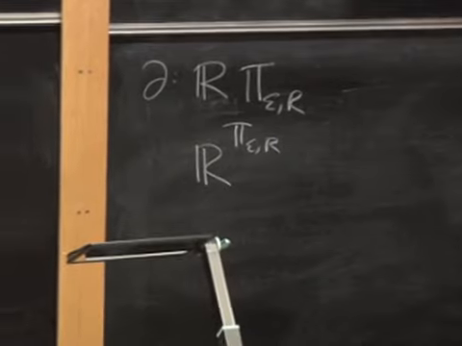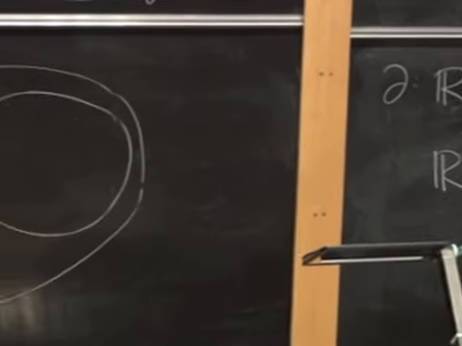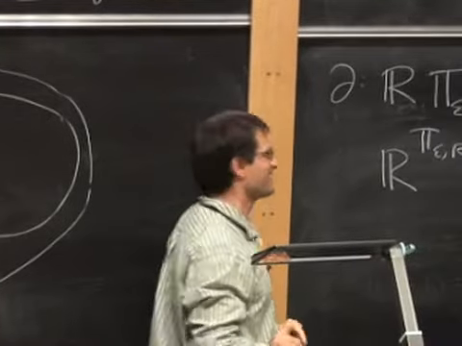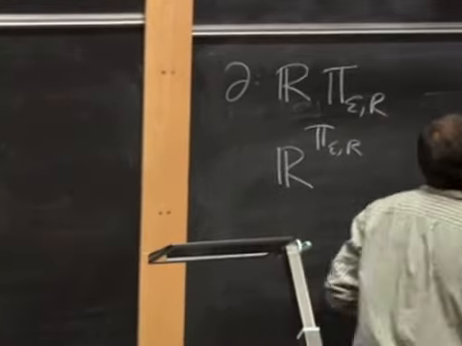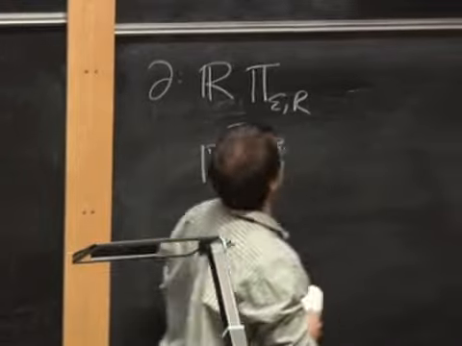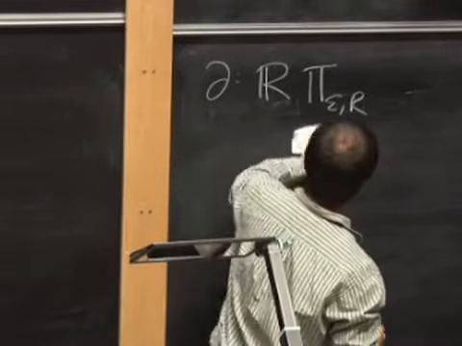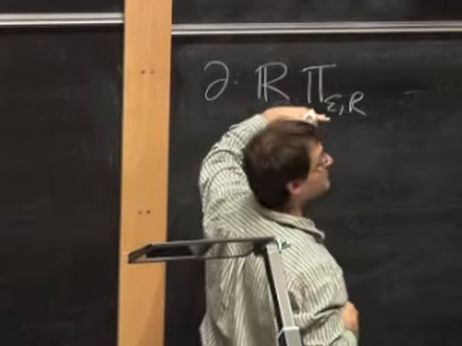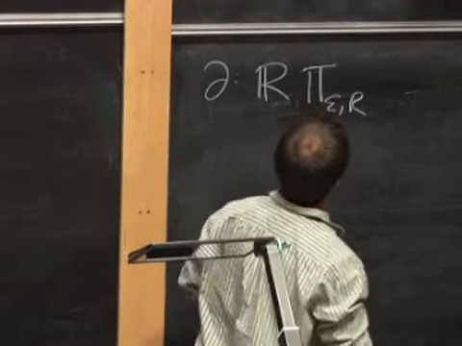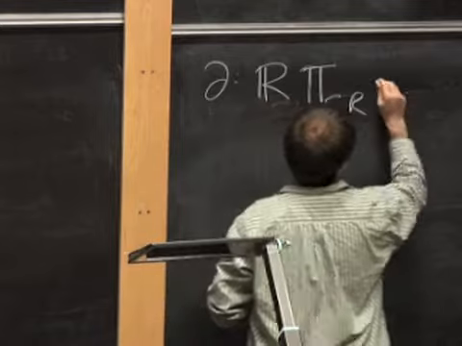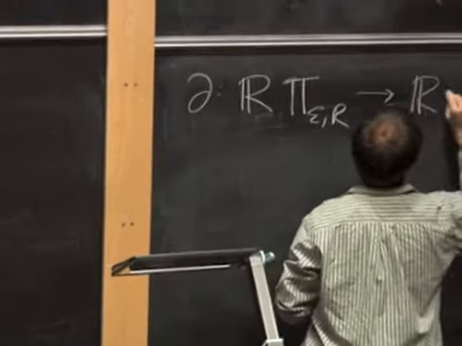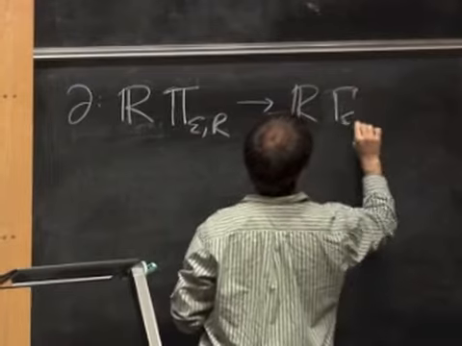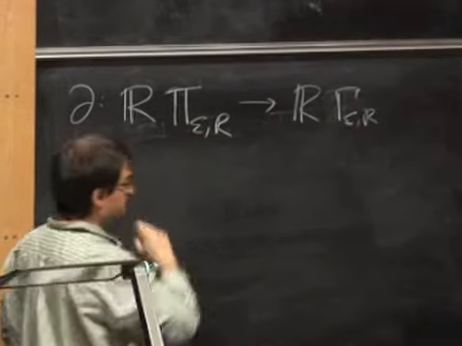I wrote it one way on this, and I'm writing it another way on the blackboard, but it doesn't really matter. So I have this boundary operation from sums of good pants to sums of good curves. I could do it with real valued or integer valued. It doesn't make much difference.